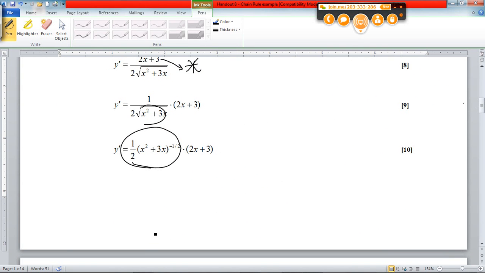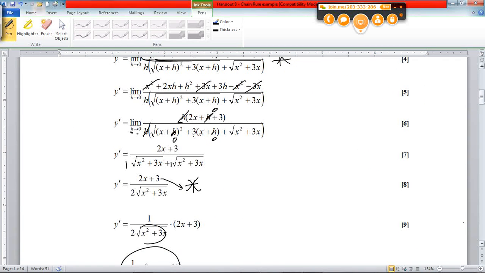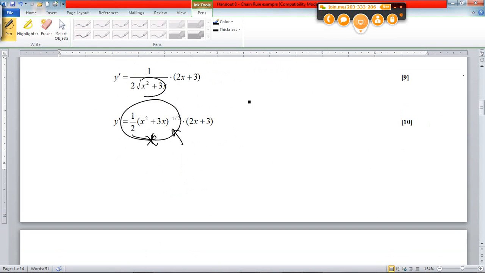What this part winds up being is just the derivative of the square root part, the 1/2 power thing, right? Because notice here, I started with y equals, let's just write down here, x squared plus 3x to the 1/2.